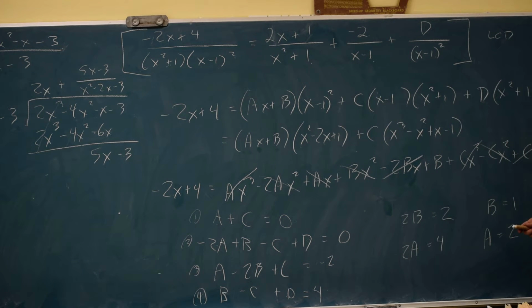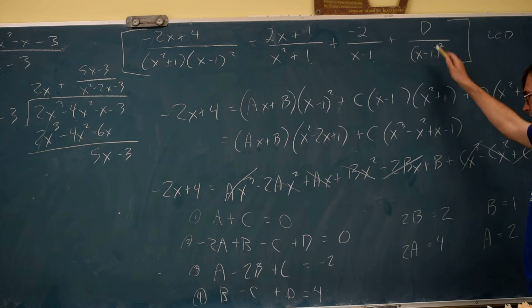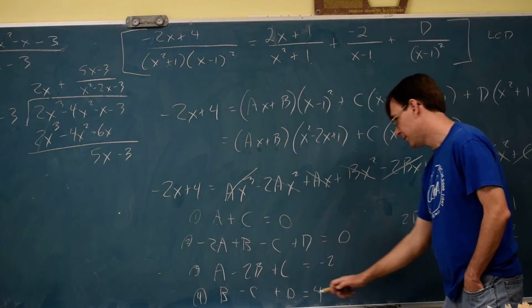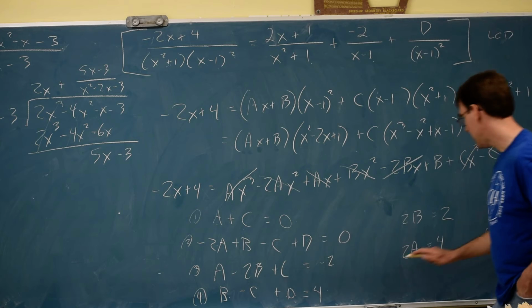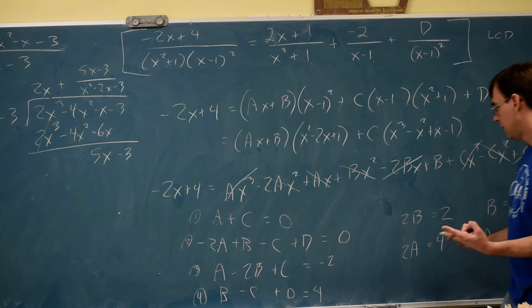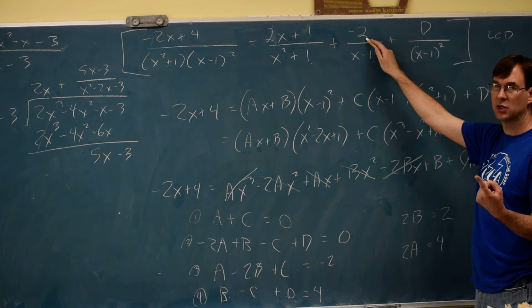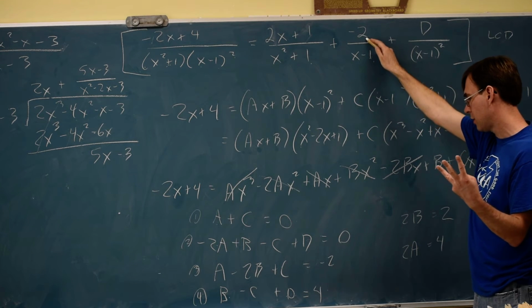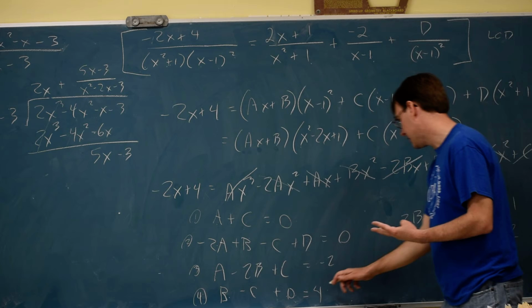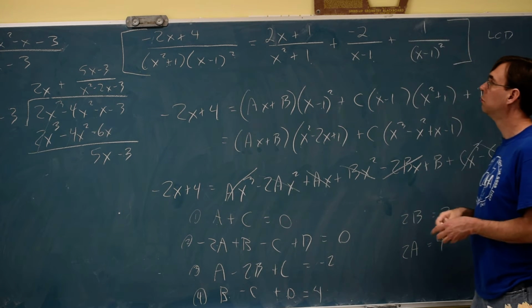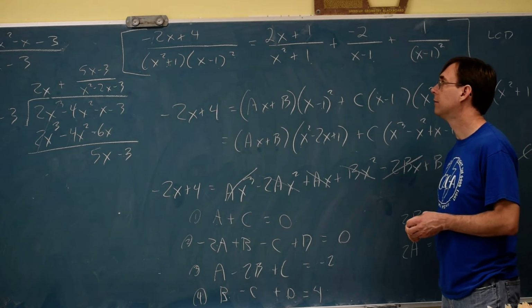And then I need some kind of a problem to get me D. This looks like the easiest problem that has a D in it. So I need to grab a B, which is 1, minus a C, which was -2. So minus minus 2 is add 2. I'm up to 3. For 3 to add B and get 4, the D must be a 1. And I'm good with that.